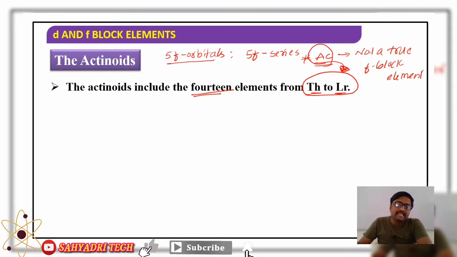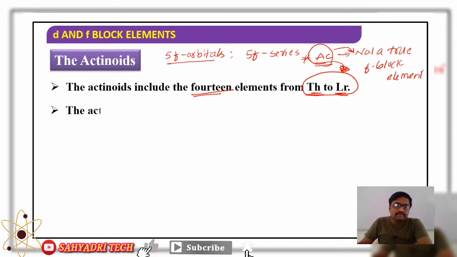Therefore, actinium is included in the 5f series while studying. The actinides are 14 elements, starting from thorium to lawrencium.